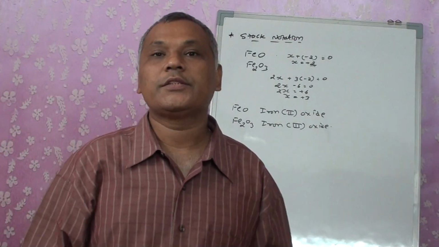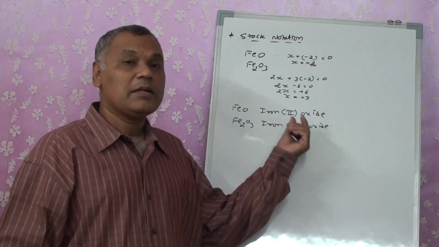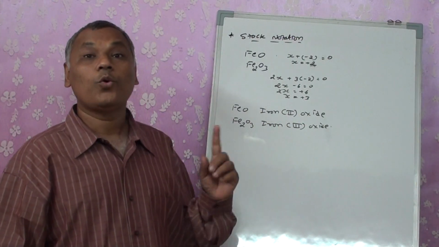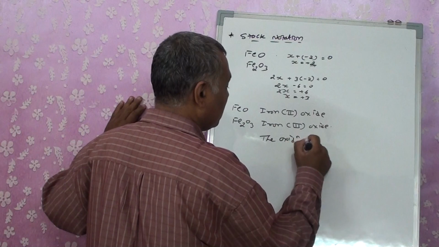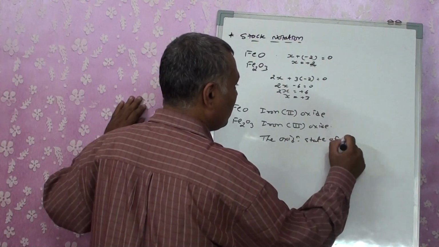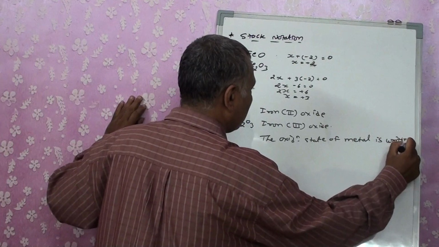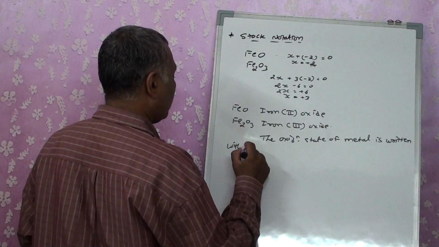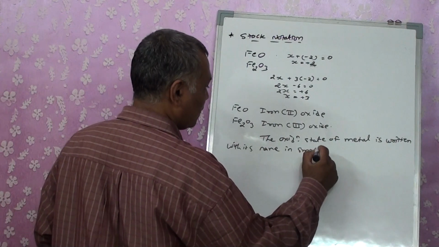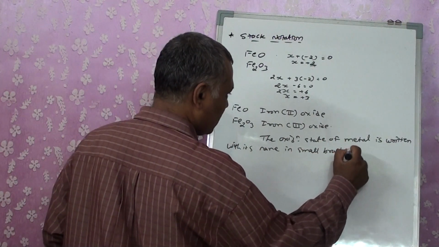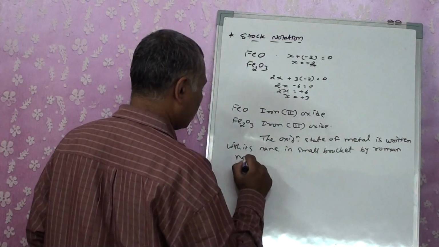So here the rule for the Stock notation is that the oxidation state of the metal is written next to the name in Roman numbers. The oxidation state of the metal is written with its name in small brackets by Roman numbers.